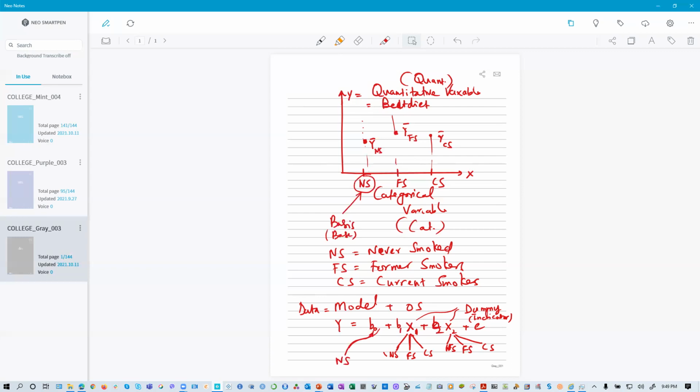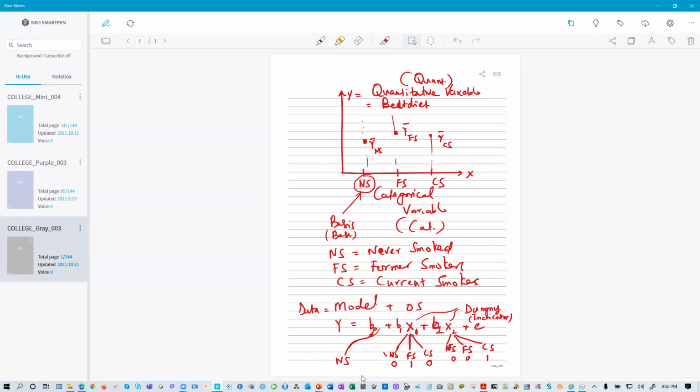So if you need this one, you put 0 for this guy, you put 1 for this one, you put 0 for that guy. Then if you need the second one, the people who are currently smoking: non-smoker 0, former smoker 0, this is 1. So you assign some kind of number for that one in order to get the calculation. Those are the dummy variables.